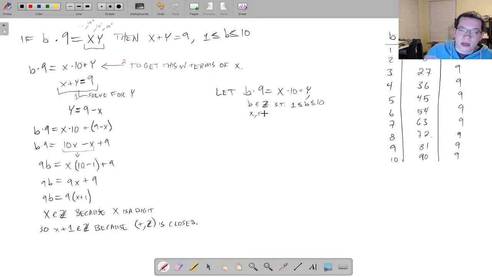x and y are both integers such that 0 is less than or equal to x or y, depending on which one we're talking about, is less than or equal to 9.